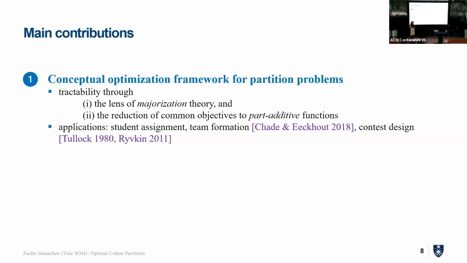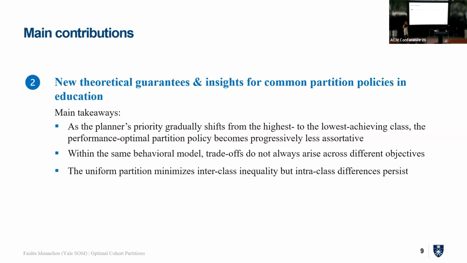We apply this to several applications like student assignment and information design, but we basically focus on education. For education, we have several new theoretical guarantees and insights for common partition policies used in schools, again making a theoretical contribution to this chiefly empirical literature.